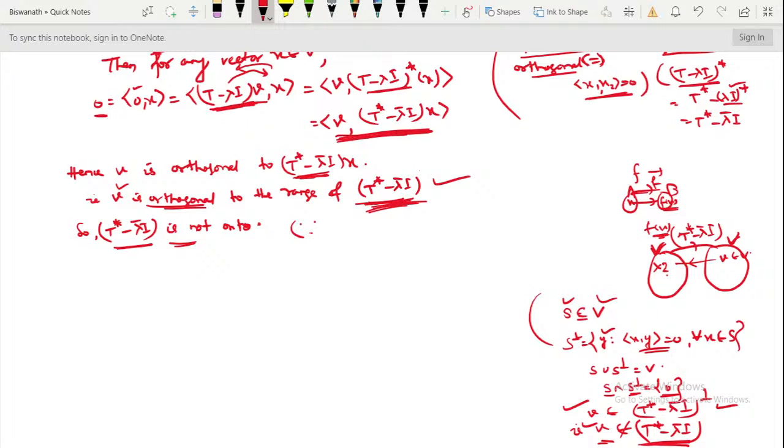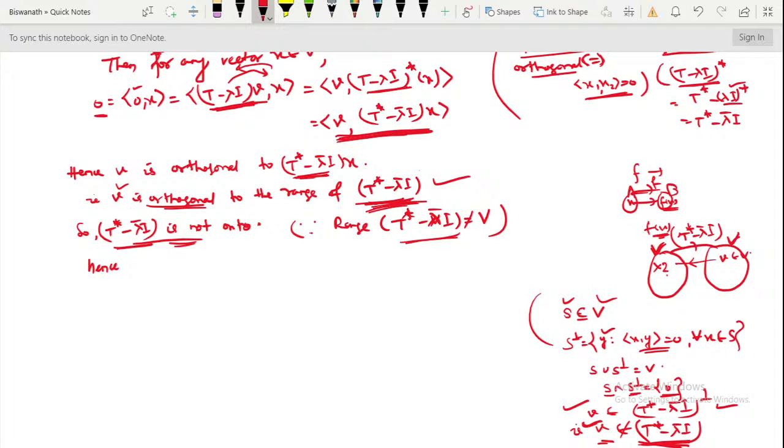Also, you may think that the range of T star minus lambda bar I is not your whole V, since v does not belong to it, so the range is not equal to V.